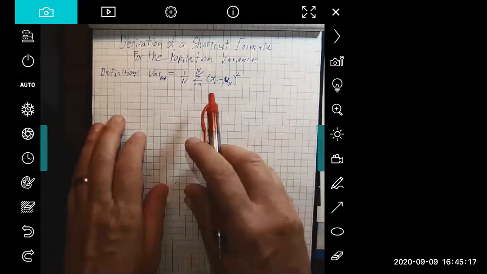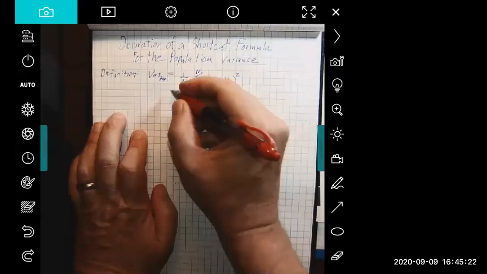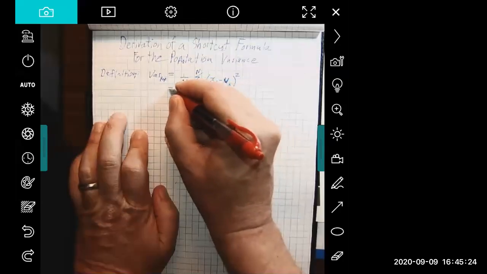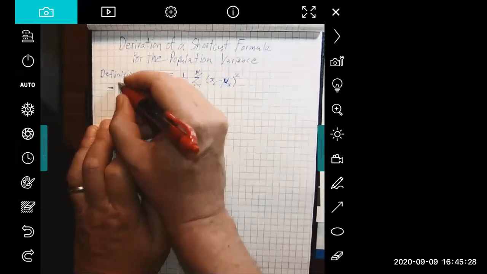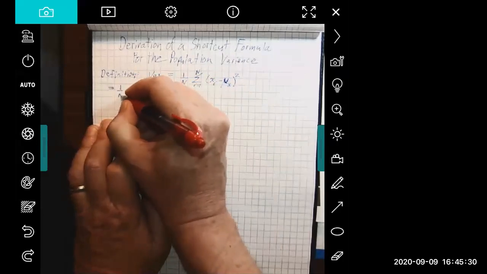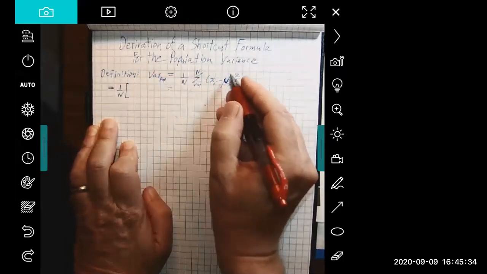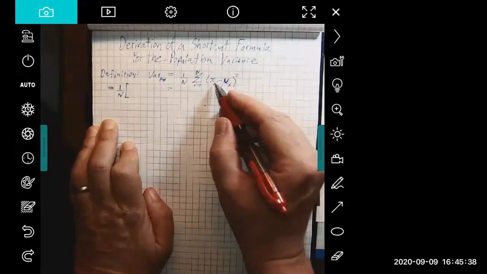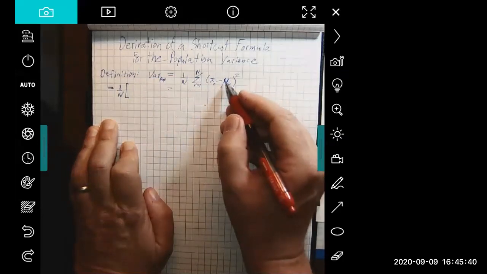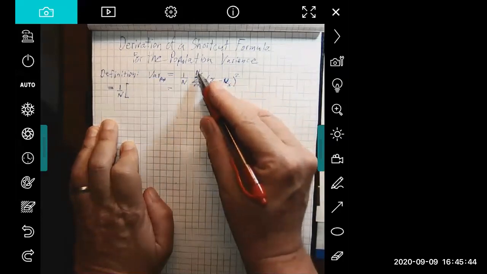So here's our definition of the population variance. Better start back over here. The way you read this is the sum of the squares of xi minus mu, starting from i equals 1 and finishing at i equals n.